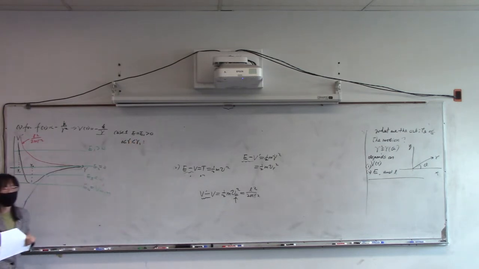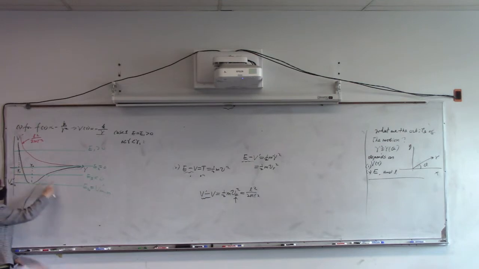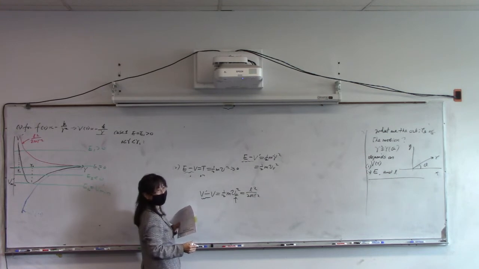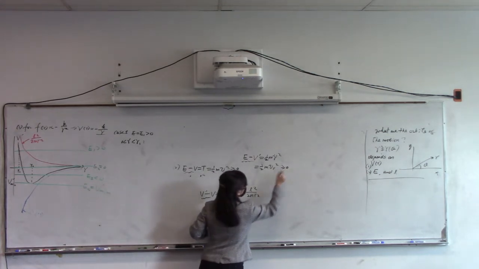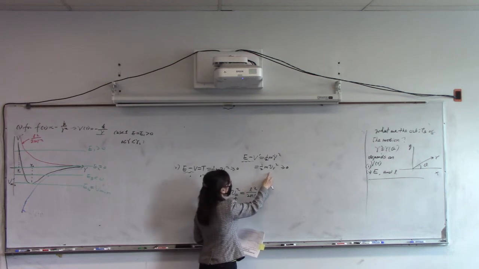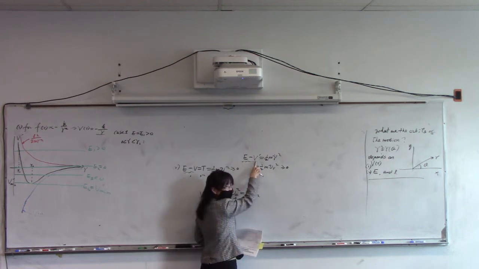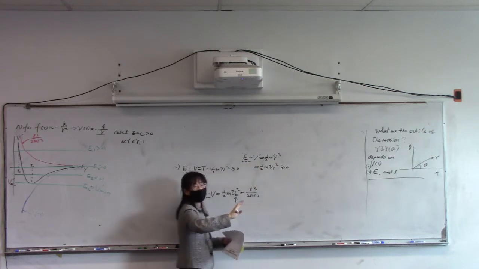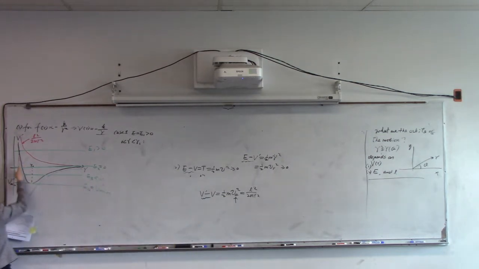In this region, do we have any motion? See here, this one is always positive, right? And this one is always positive, right? Because this is a squared energy. So that means, since this is positive, energy is always larger than V prime. If energy is smaller than V prime, it is not allowed, right? So you see here, if R is smaller than R1, the energy is lower than V prime. So that is forbidden.